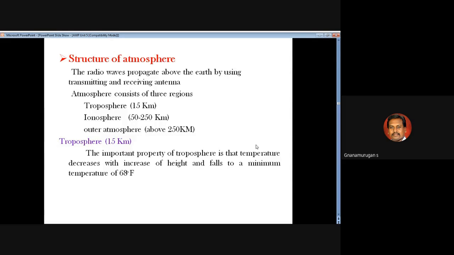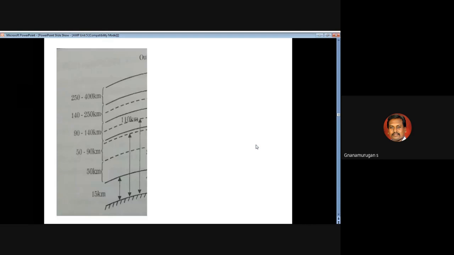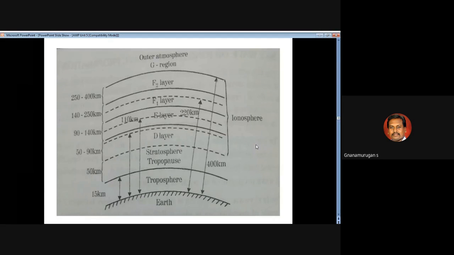The important property of the troposphere is that temperature decreases with increasing height, falling to a minimum temperature of 68 Fahrenheit. This is the structure of the atmosphere: above the Earth are the troposphere, the ionosphere, and the outer atmosphere. The troposphere is available up to 15 kilometers, and the ionosphere consists of the D layer, E layer, F1 layer, and F2 layer.